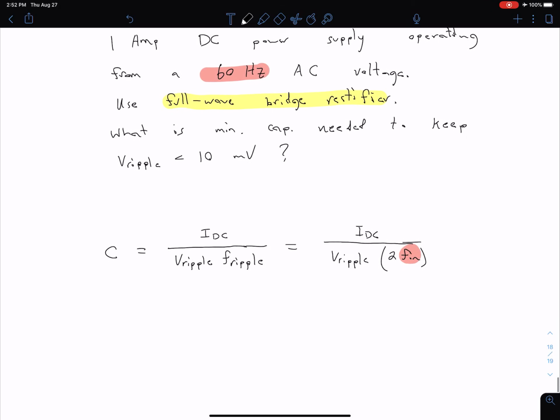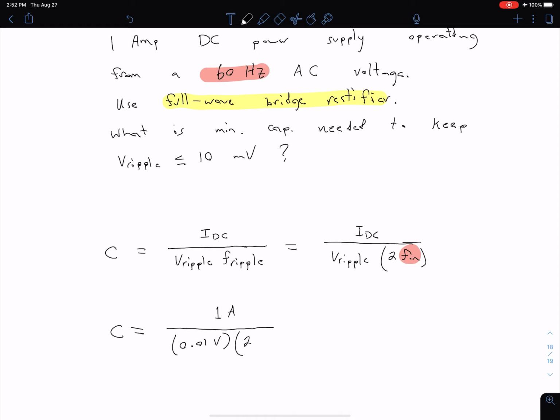Now we can just plug in the values. We have a 1 amp current, that's our DC current. For our ripple voltage, we want it to be less than 10 millivolts, so let's say right on that acceptable border, 10 millivolts, which is 0.01 volts, to put everything in base units.